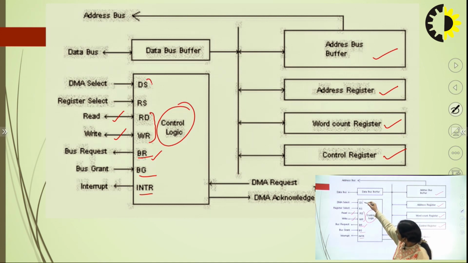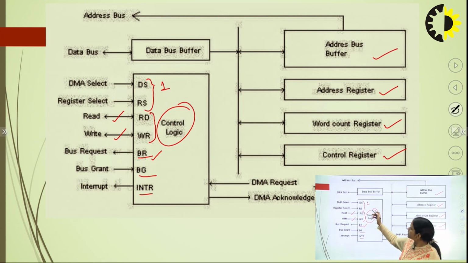Data select, these are the two signals which are very important: DMA select and register select. When the value of DMA select is 1, it means this chip of DMA is selected. Fine. So, the CPU will use the address bus to select the DMA select. So, when the value of DS or DMA select is 1, it means the DMA is selected.